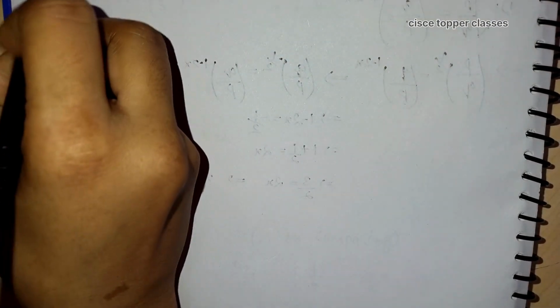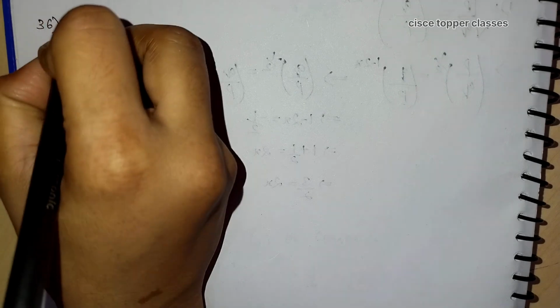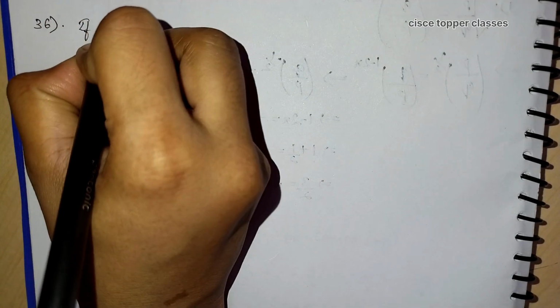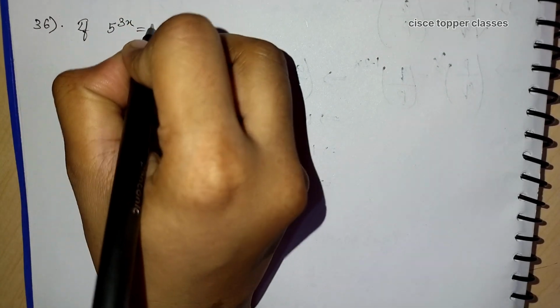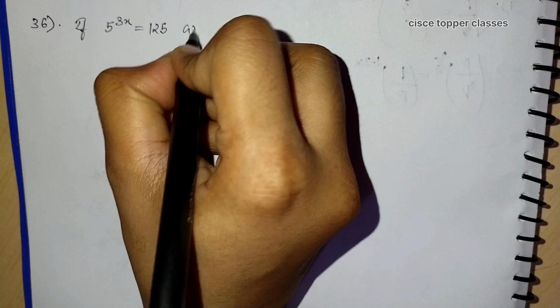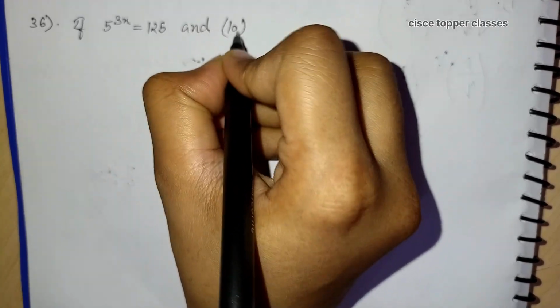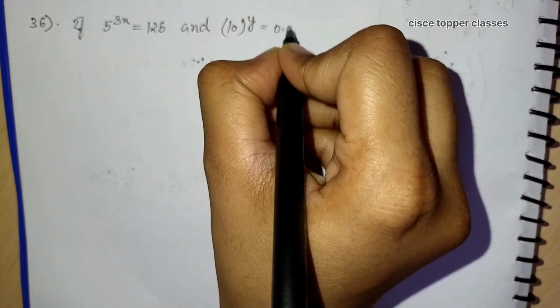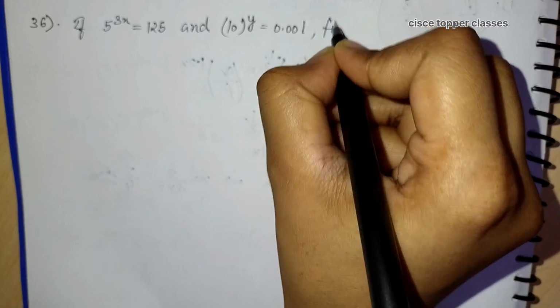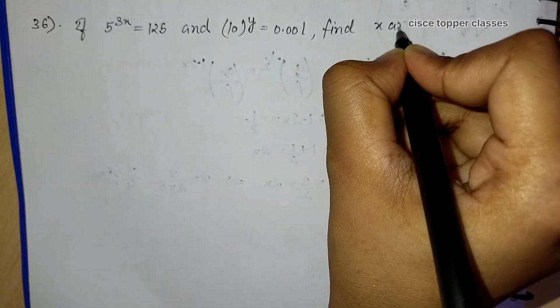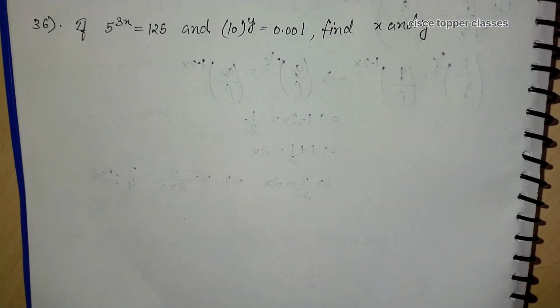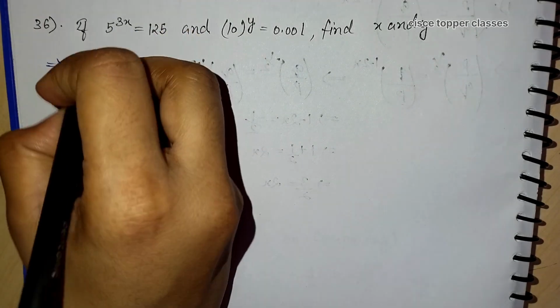Now let us solve the 36th question here. If 5 to the power 3x equal to 125 and 10 to the power y equal to 0.001, then find x and y. Simply we can write it firstly in terms of 5 only.